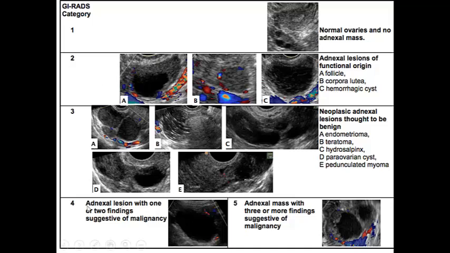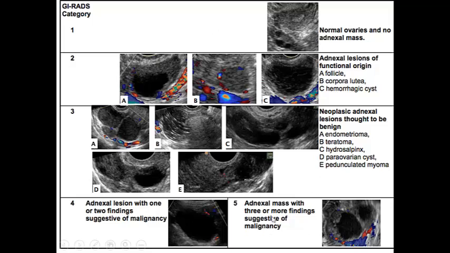Then came the adnexal lesion, category 4, an adnexal lesion with 1 or 2 findings suggestive of malignancy, like it appears cystic, but it has a small solid component or thick septa within, so this is a sign of malignancy. Or an adnexal mass with 3 or more findings suggestive of malignancy, so this is more towards malignancy, so it is category 5.